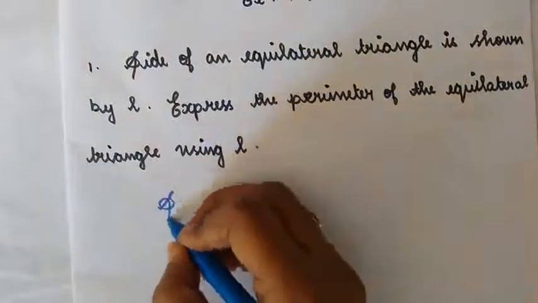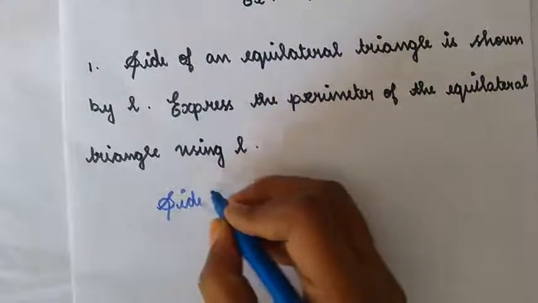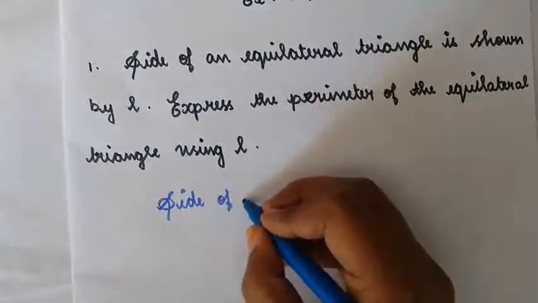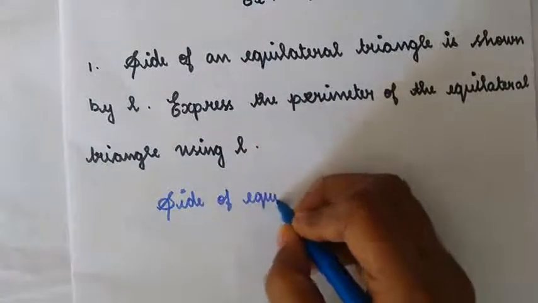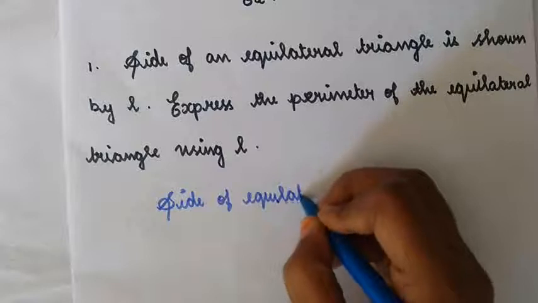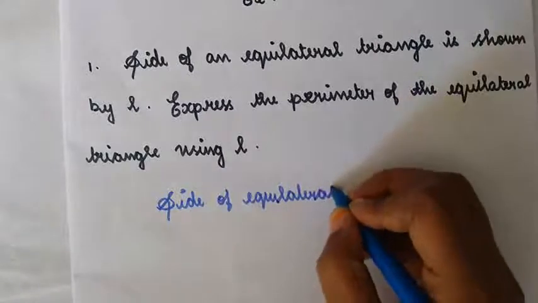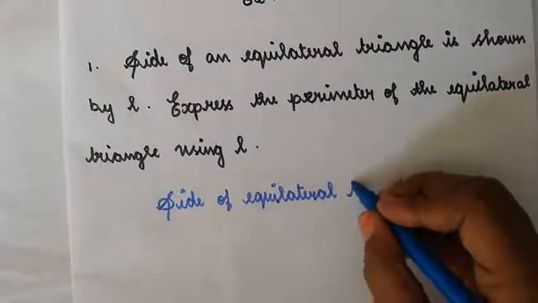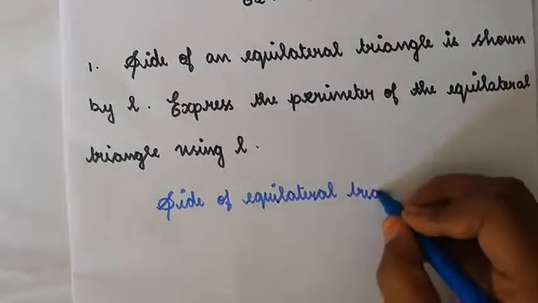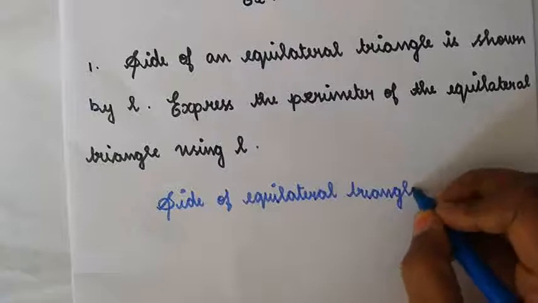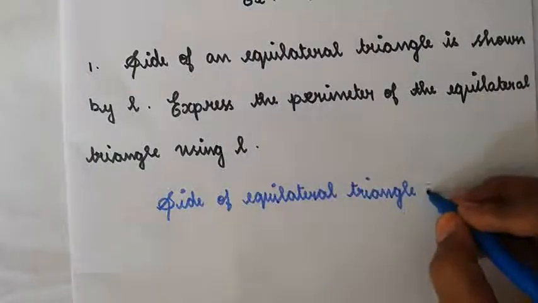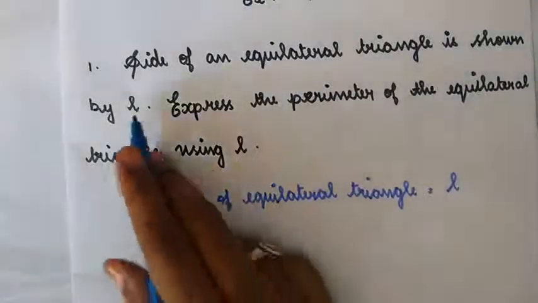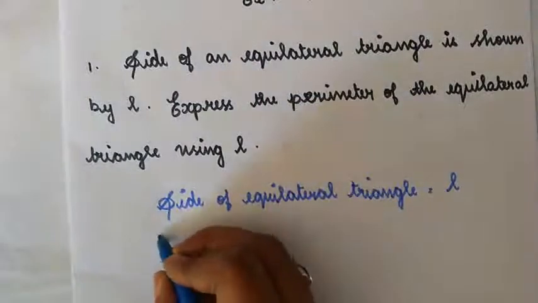Here given is the side of the equilateral triangle is L. We have to find the perimeter.